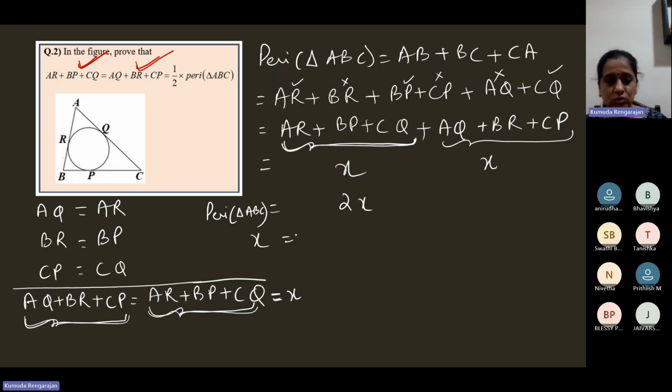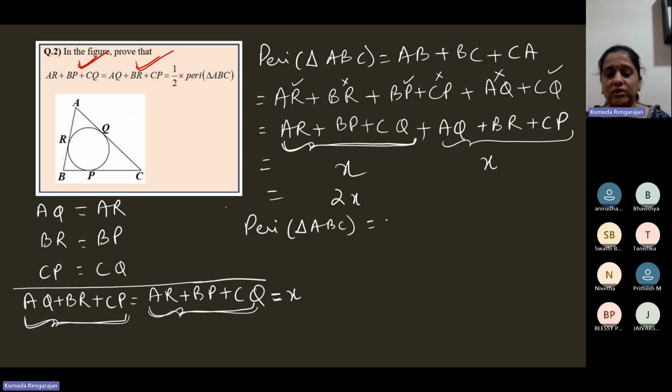So X is equal to the perimeter of triangle ABC divided by 2, which is nothing but half the perimeter.